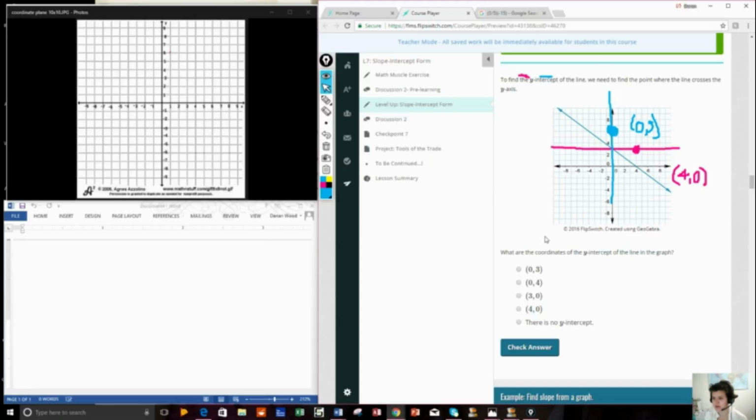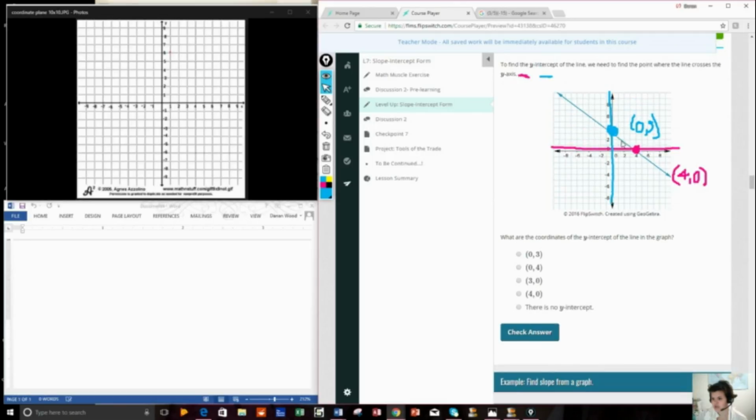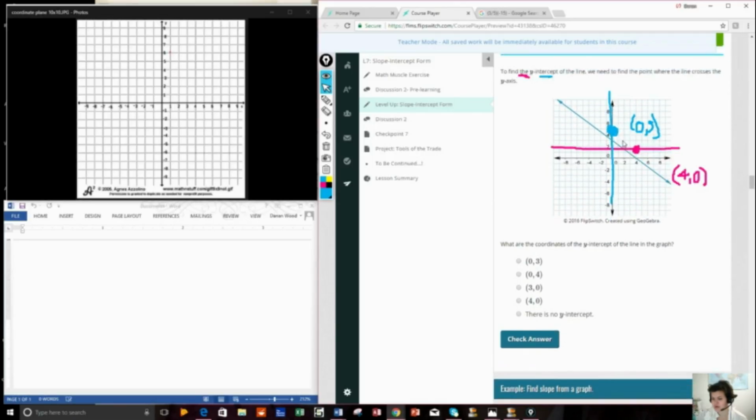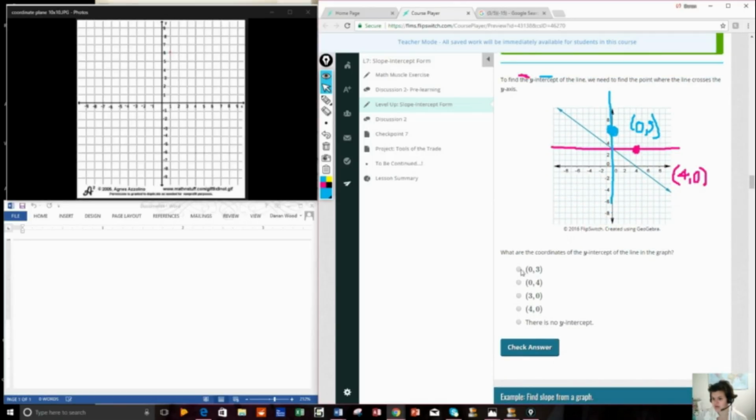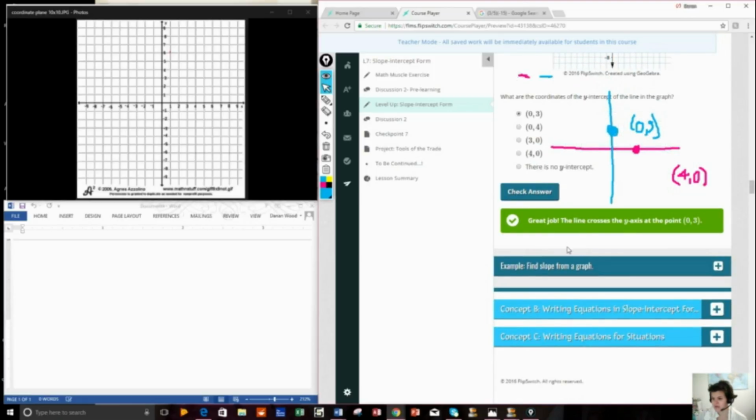We follow it along the y-axis, and this is changing based on the one that was in the original. But we found that it was at 0, 3. Alright, and there is how you find your x and y intercepts.